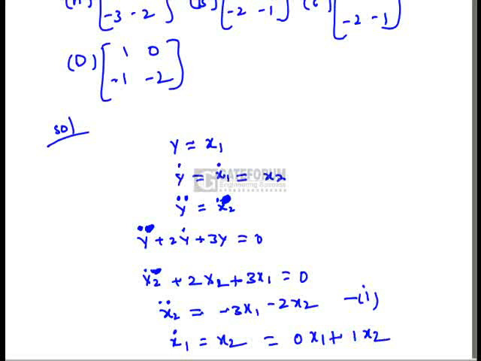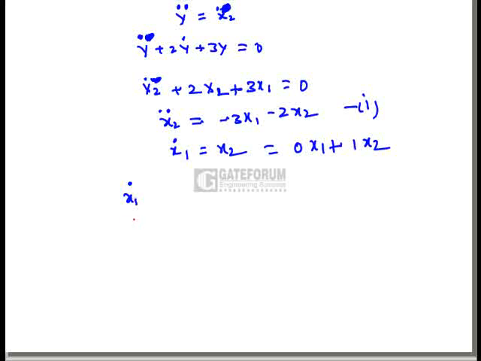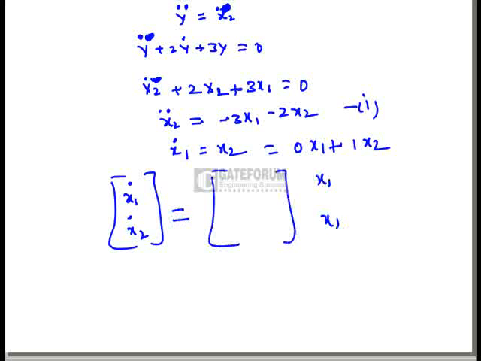So we can write the state equation: x1 dot and x2 dot equal to some matrix multiplied by x1 x2. x1 dot equals 0x1 plus 1x2, so the first row is 0 1, and x2 dot equals minus 3x1 minus 2x2.